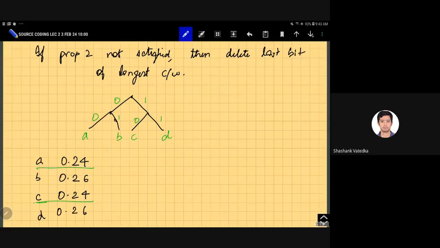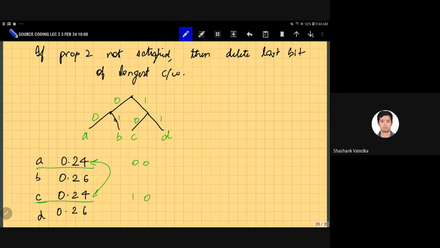But it does not satisfy property 3, because A and C, the symbols with the least probabilities, have the same length, but they don't differ only in the last bit. A has code word 00, whereas C has code word 10.